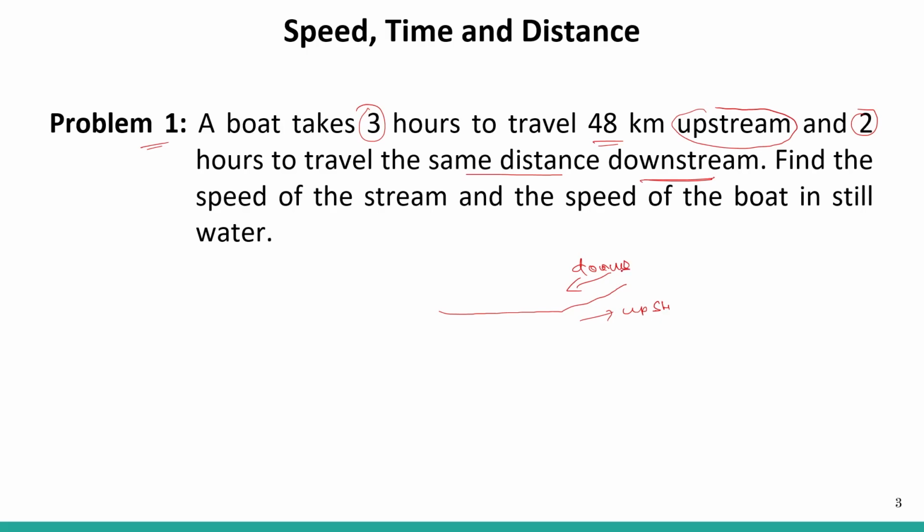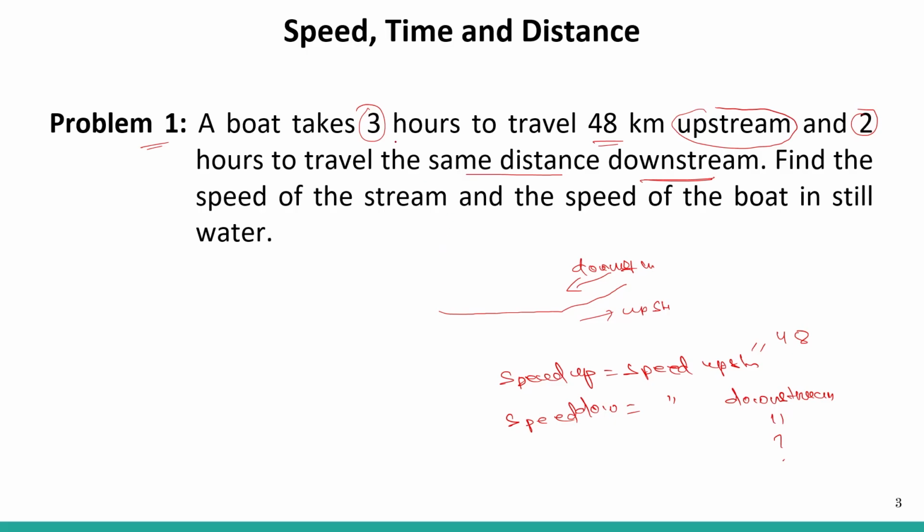Speed up is the speed upstream, and speed down, or speed dw, is the speed downstream. This is known, 48 kilometers, and this is unknown in this case.